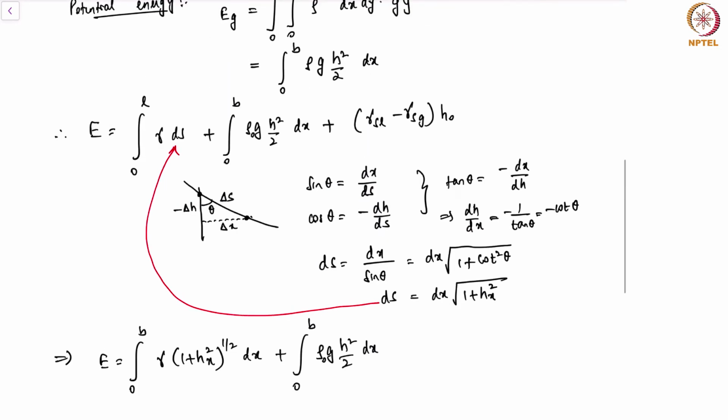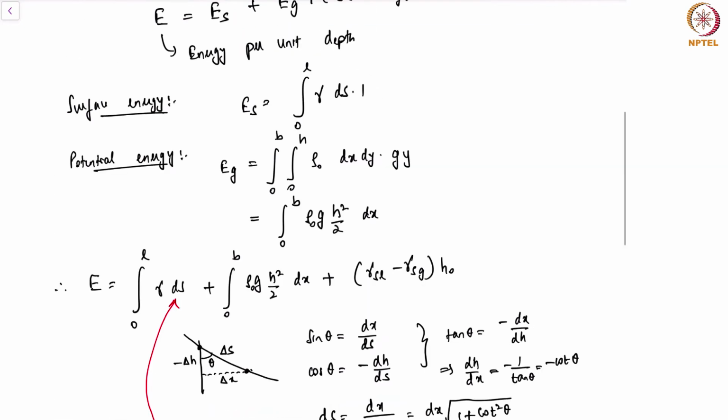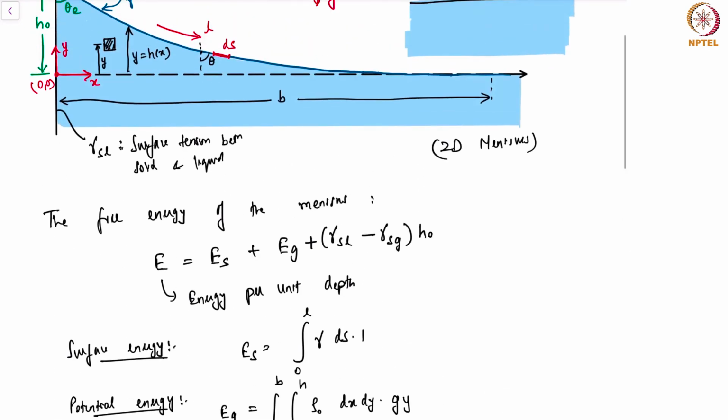So rho is always rho naught for us. Even if I do write rho in these problems, please assume that it is rho naught.